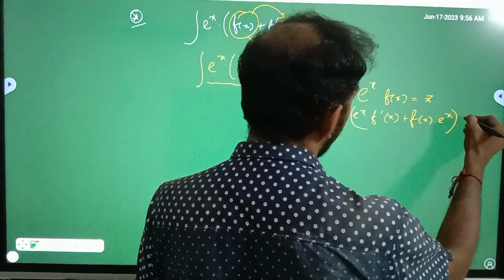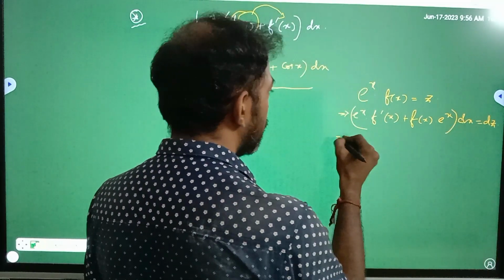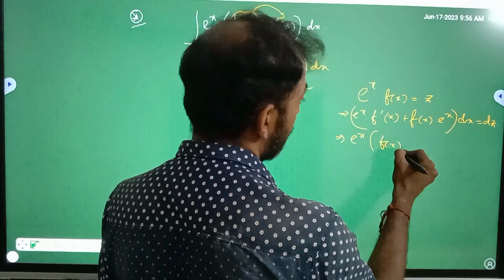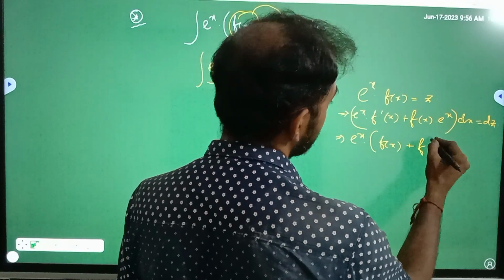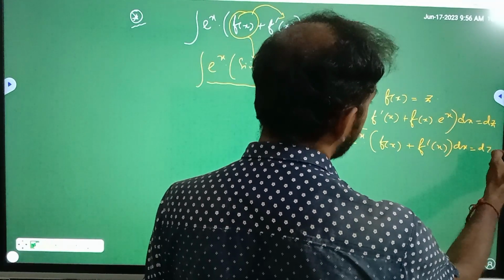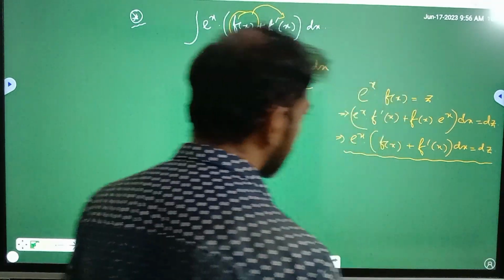So into dx, that will be dz. If we take e power x common, we will get, after rearranging, e power x into f x plus f dash x dx. This is equal to dz. So this is our e power x into f x plus f dash x part.